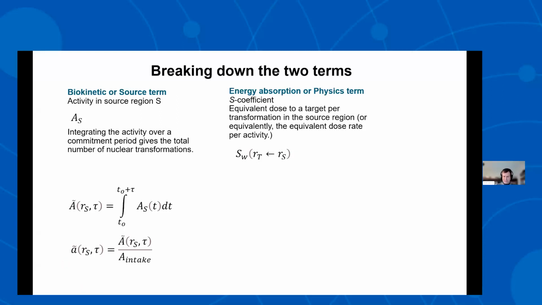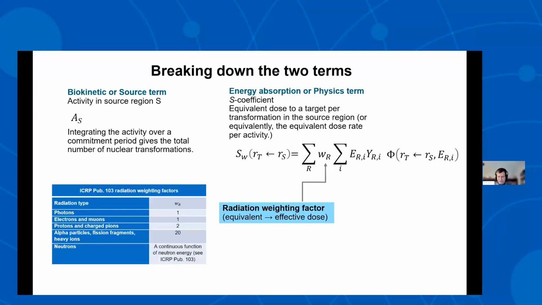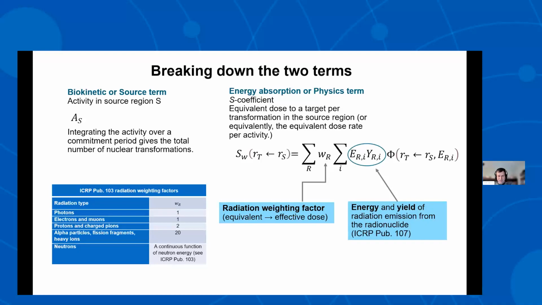So turning to the S coefficient, the S coefficient is determined by multiplying multiple terms together. They include the radiation weighting factor, and those are provided in publication 103. The energy and yield of each radiation emitted from a given radionuclide, and the specific absorbed fraction, denoted here with a capital Phi.